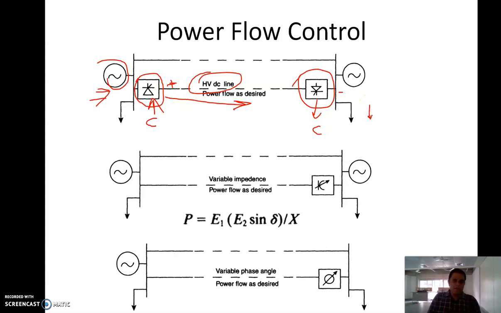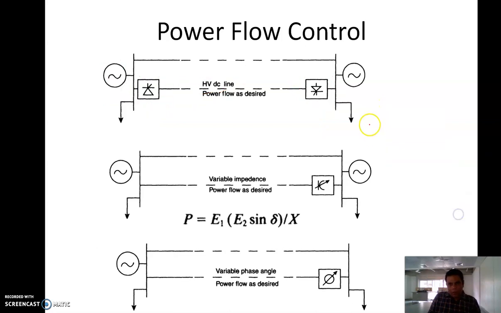And this can be done in the other direction as well. Suppose you have more power on this side and less power on this side, then we can convert the AC on this side to DC. The DC current will flow in this line, reach the other side, and be converted back to AC and feed the load on the other side, right?